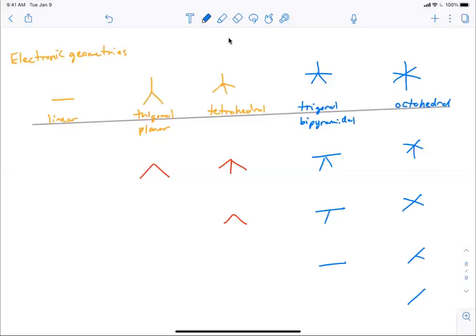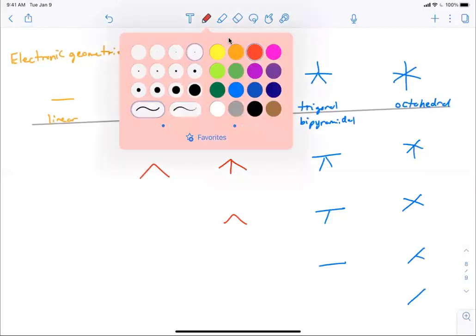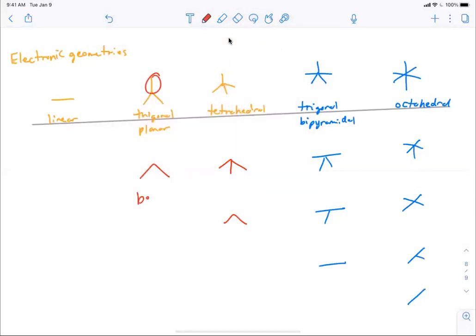With these, the way I draw them, I always first take the line pointing up first. It helps me visualize what's left. So you can see here that when I take this line off, what I'm left with is bent. When I take this line off, what I'm left with is trigonal pyramidal.